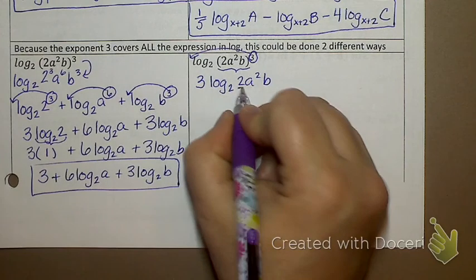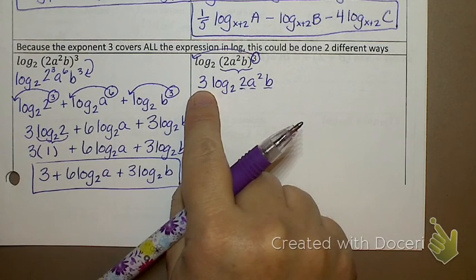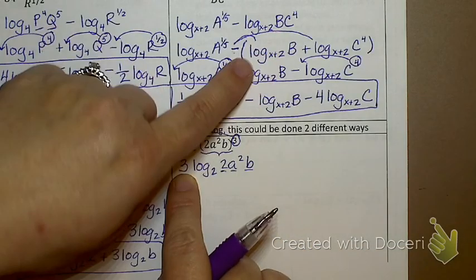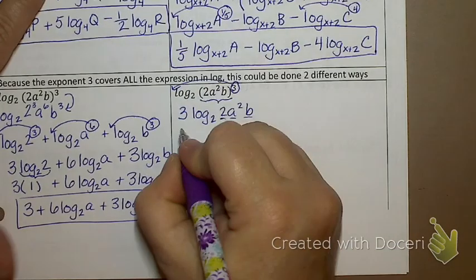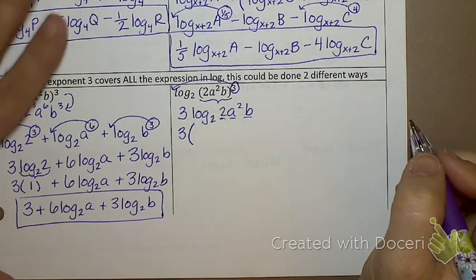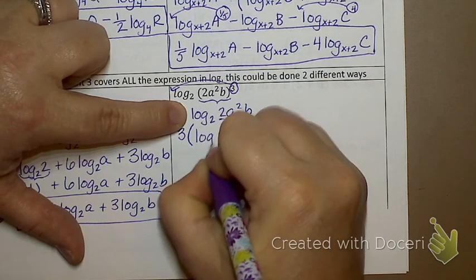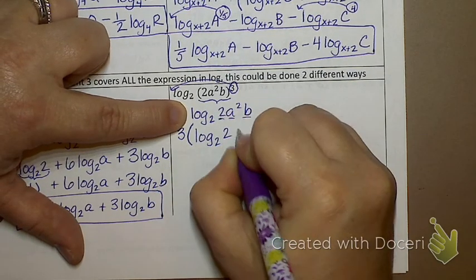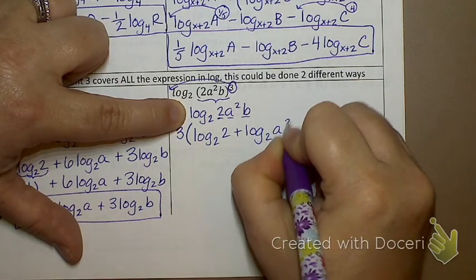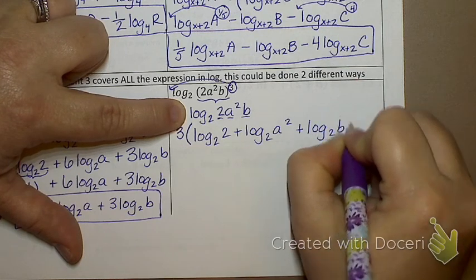I got these guys, I can break them up, right? But since there's an exponent and I'm breaking up something after, it's very much like this subtraction problem where everything that I break up after that has to be applied to it. So I can say that this is log base 2 of 2 plus log base 2 of a squared plus log base 2 of b.